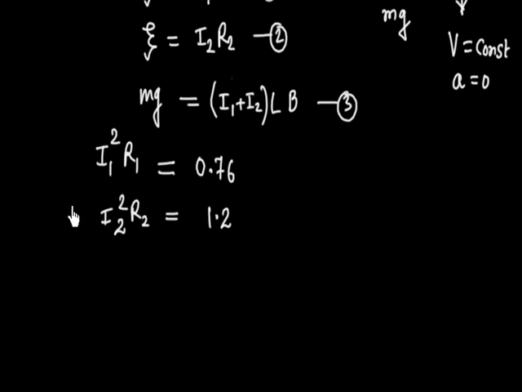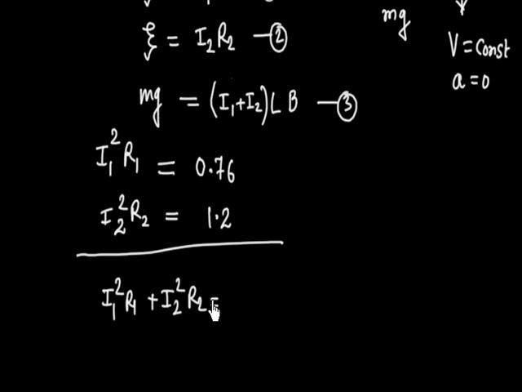Let us try to solve. If I add these two equations, I will have I1 square R1 plus I2 square R2, which is equal to 1.96.